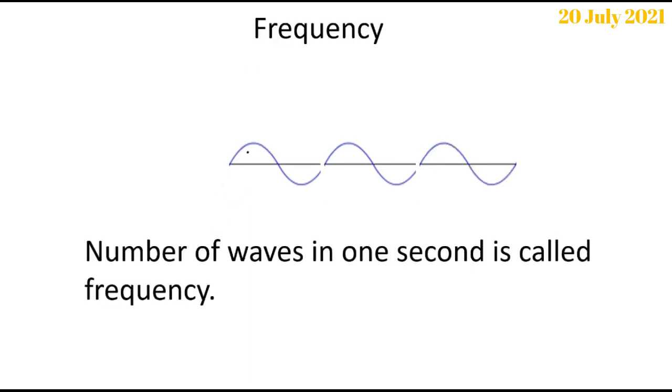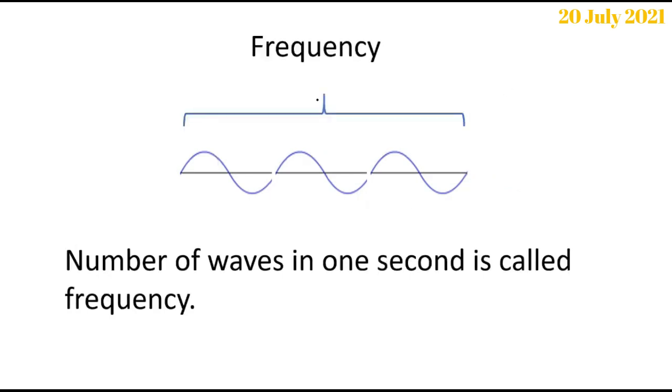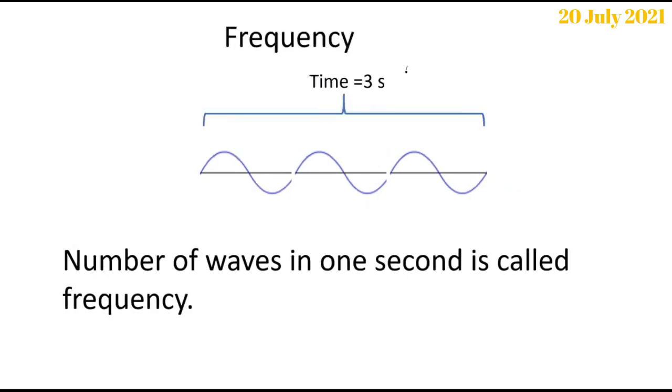Okay, you have already seen this is one wave, here is another wave, here is another. So there are three waves here. Right? Now suppose a time is given from here to here, how much time is it? Let's say the time is 3 seconds. Can you find the frequency of this particular pattern now? Very simple. You see, frequency is the number of waves per second. Now we have 3 seconds.